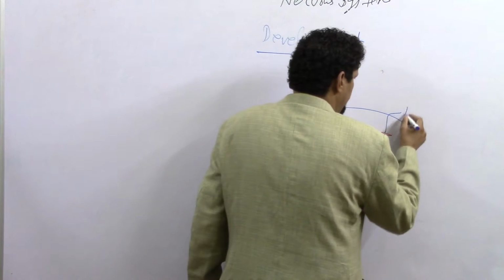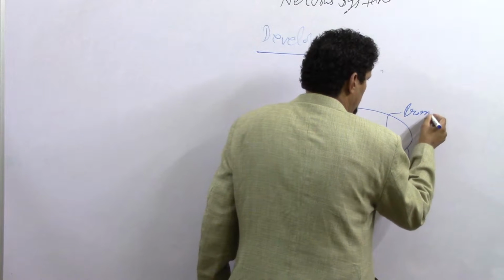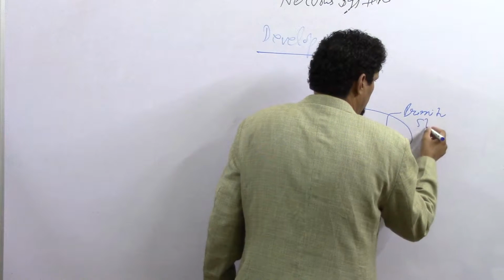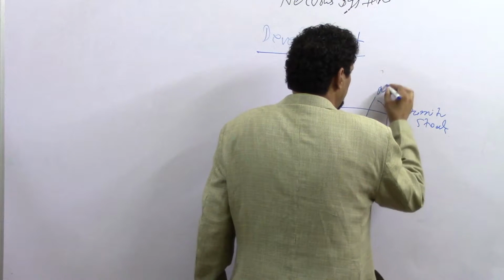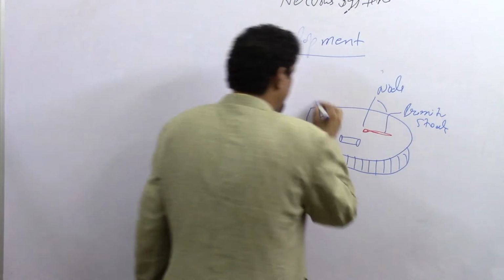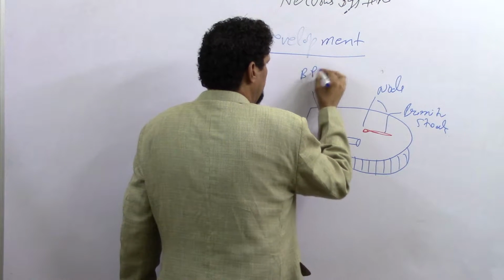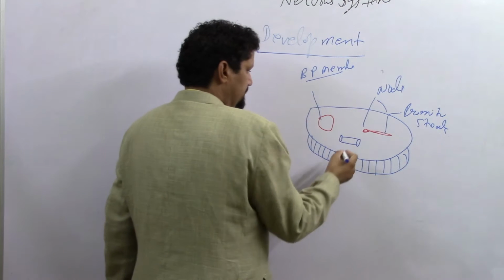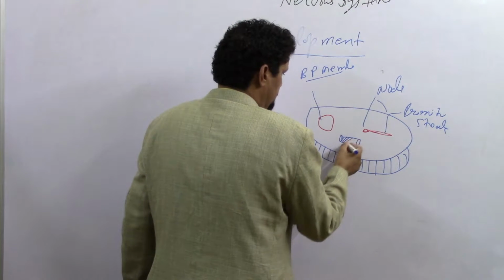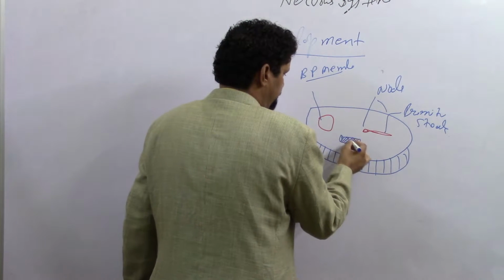So it is primitive strip, primitive node. Here is buccopharyngeal membrane, and here is developing solid rod-like notochord.